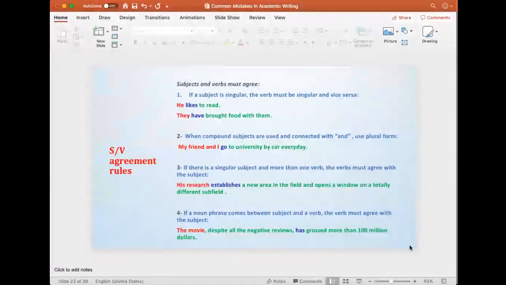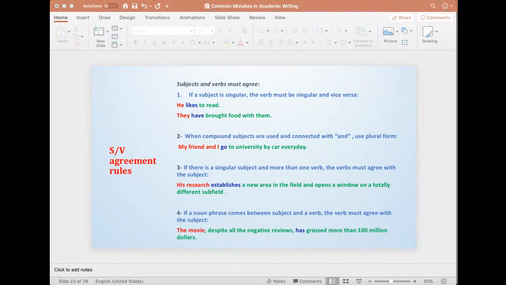All right. Okay, subject verb agreement. We know that any sentence, okay, should have a subject and a verb in order to be complete. But those subject and verb should agree with each other.